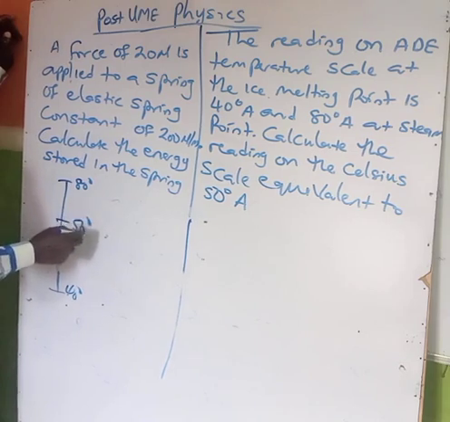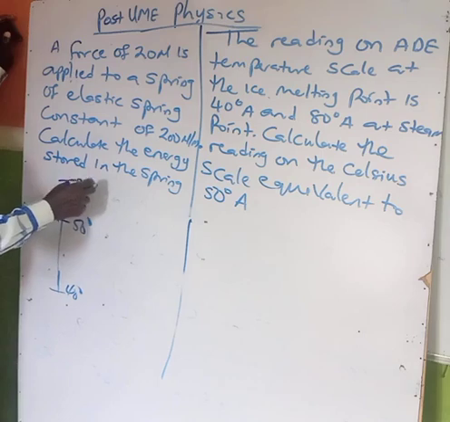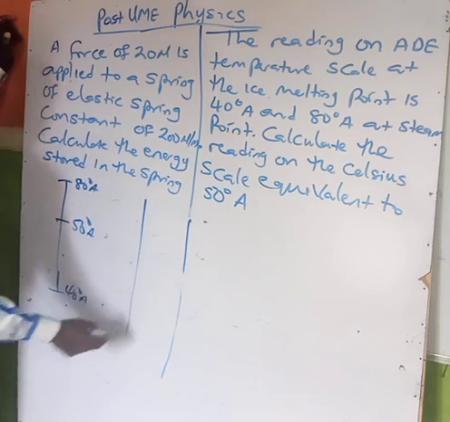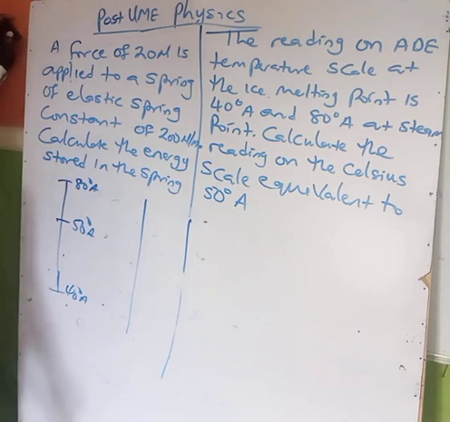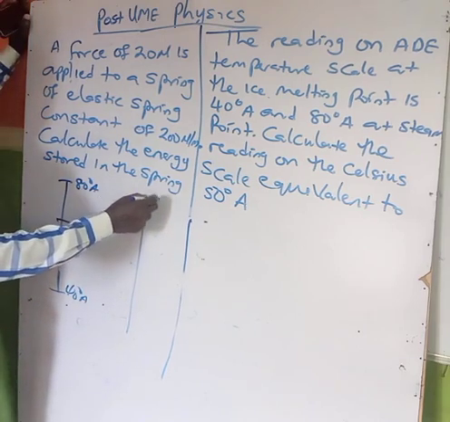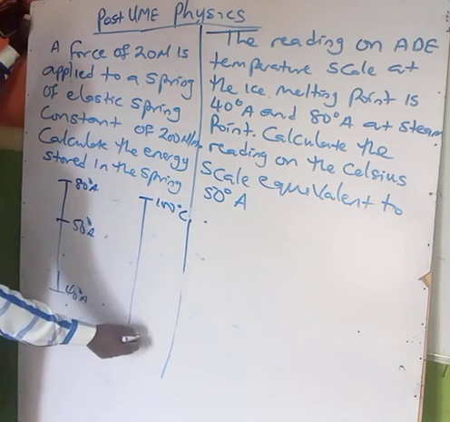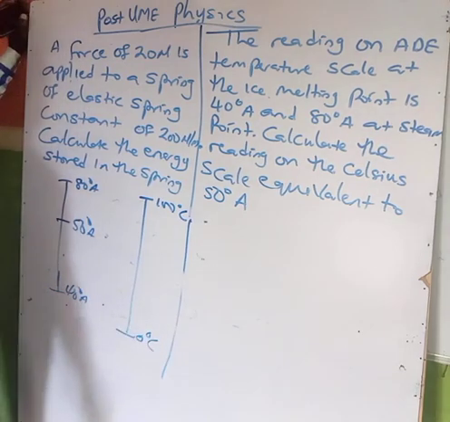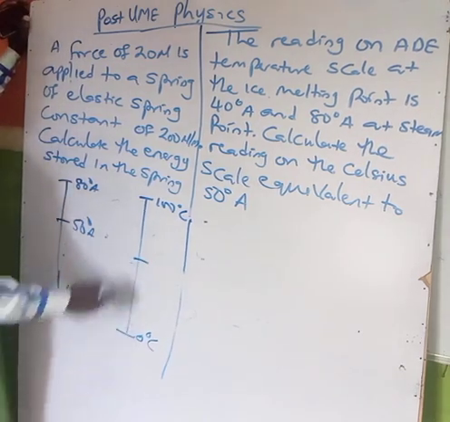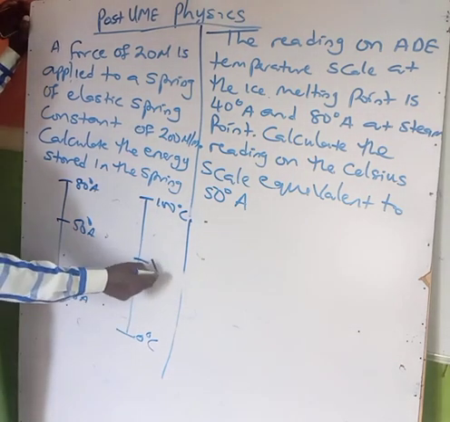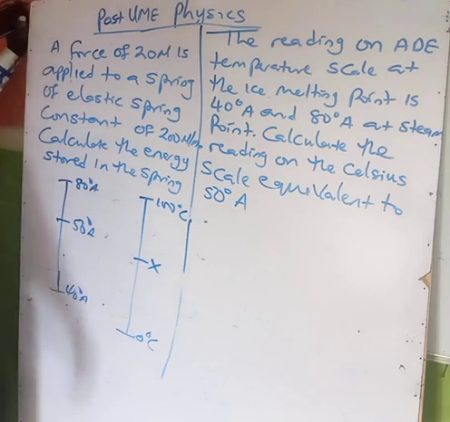Then you want to use the Celsius scale. On the Celsius scale, the steam point is 100 degrees Celsius and the melting point is 0 degrees Celsius. So you want to calculate the equivalent of it here. You can simply put x there.